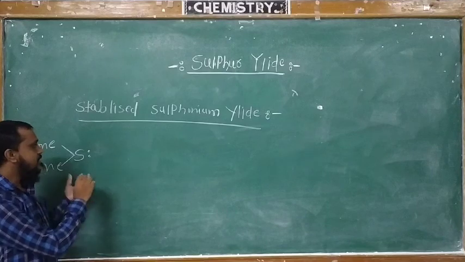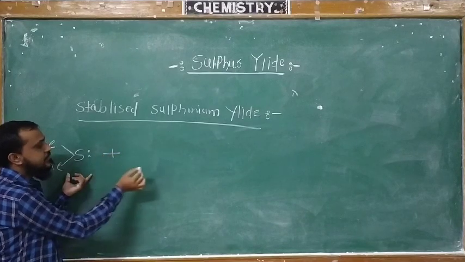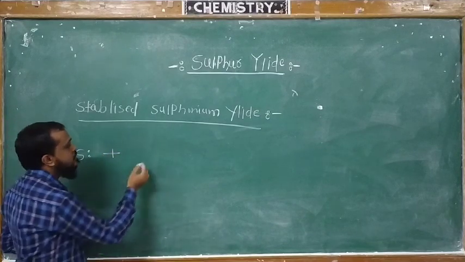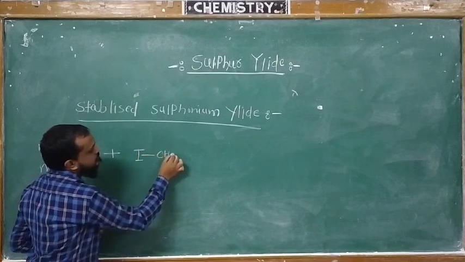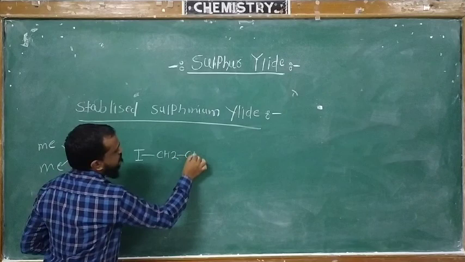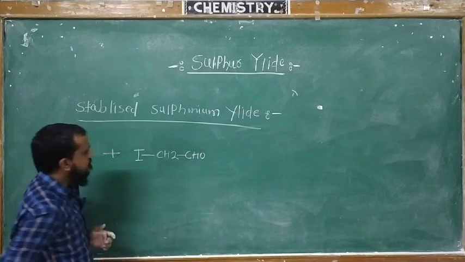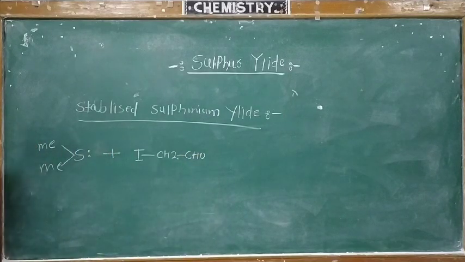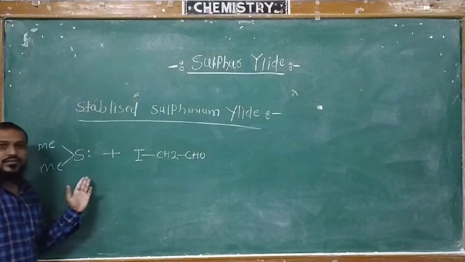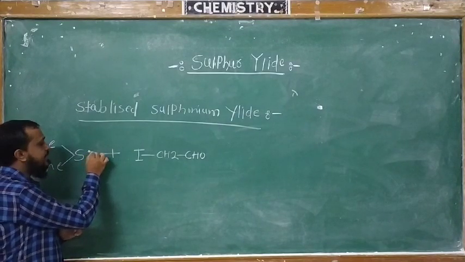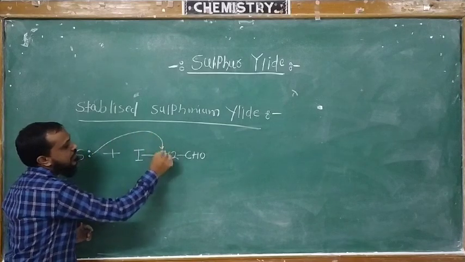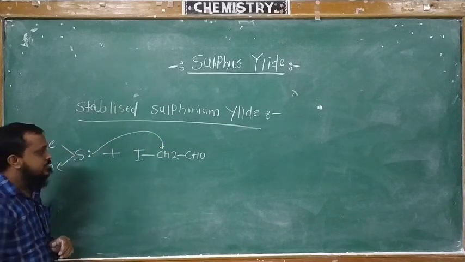Okay. So in the first step, this dimethyl sulfide is treated with any alkyl halide. Suppose I have taken these types of alkyl halide. So what will happen in the first step? The lone pair of sulfur acts as a nucleophile and it attacks a carbon atom of the alkyl halide.